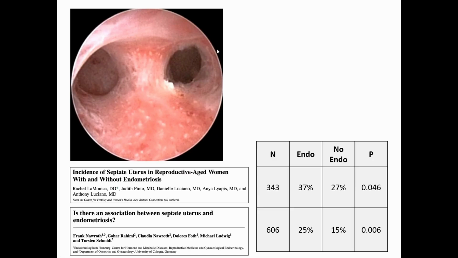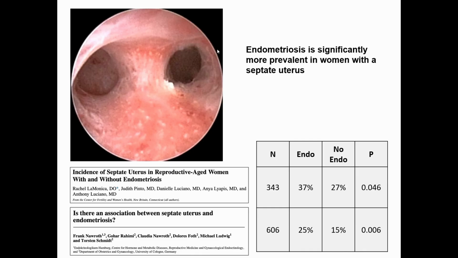And this can result in endometrium in either hemicavity being obstructed from antegrade flow and having more of a propensity to enter the pelvic cavity from the fallopian tubes. And studies have demonstrated that women with uterine septum have a higher prevalence of endometriosis than those that don't.